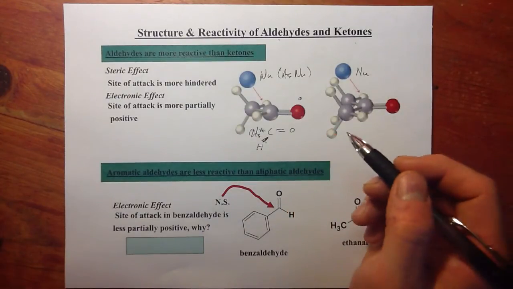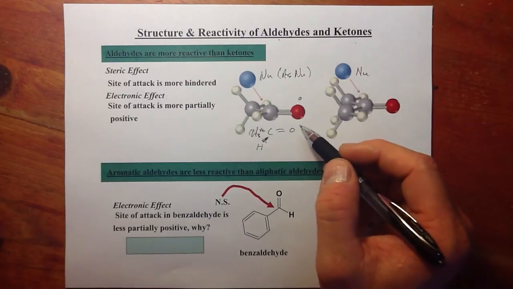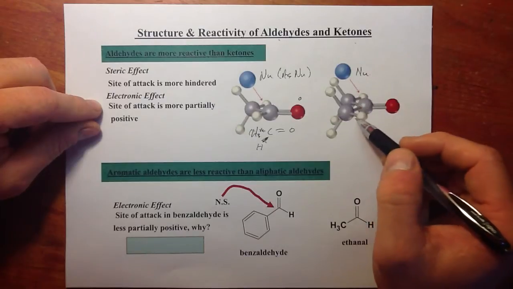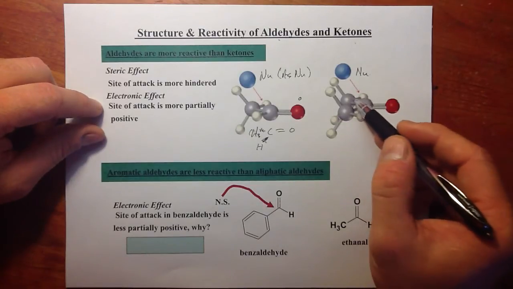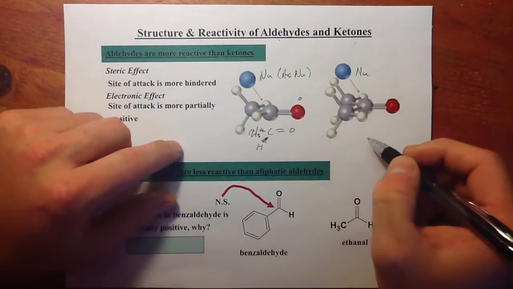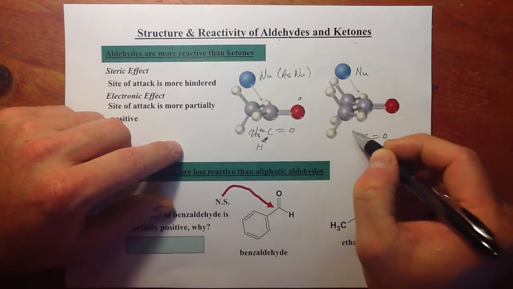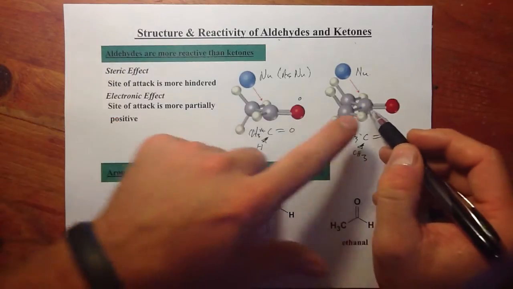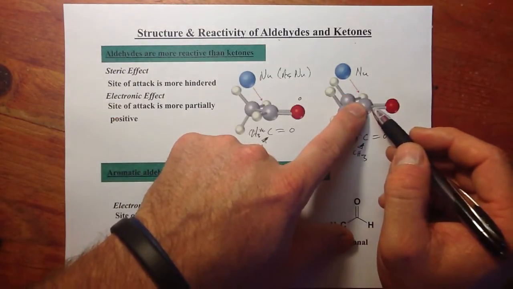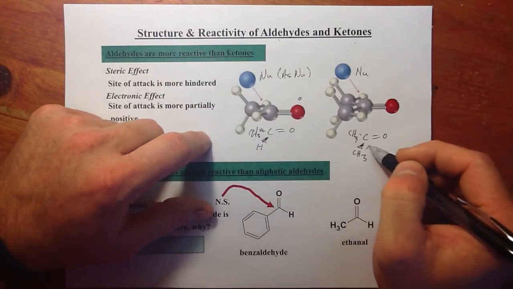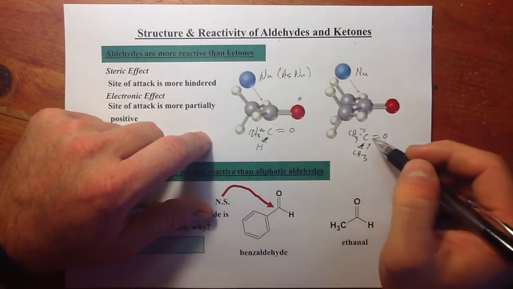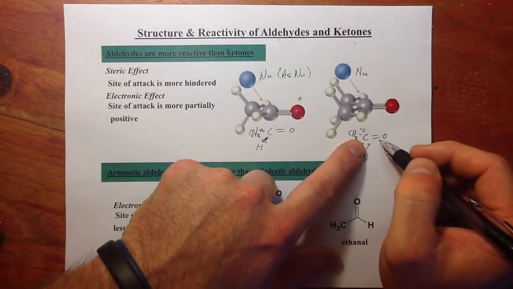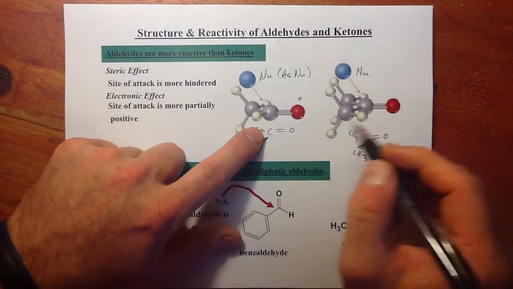It's important to point out that whether for steric reasons or electronic reasons, we have more accessibility. If we look at sterics, this carbon here is in a ketone. We have two methyl groups hanging off this carbon, so it's a little harder to get to this carbon. And second, these methyl groups are a little more donating inductively, so the partial positive charge on the carbon in the carbonyl is a little less significant than that over here.